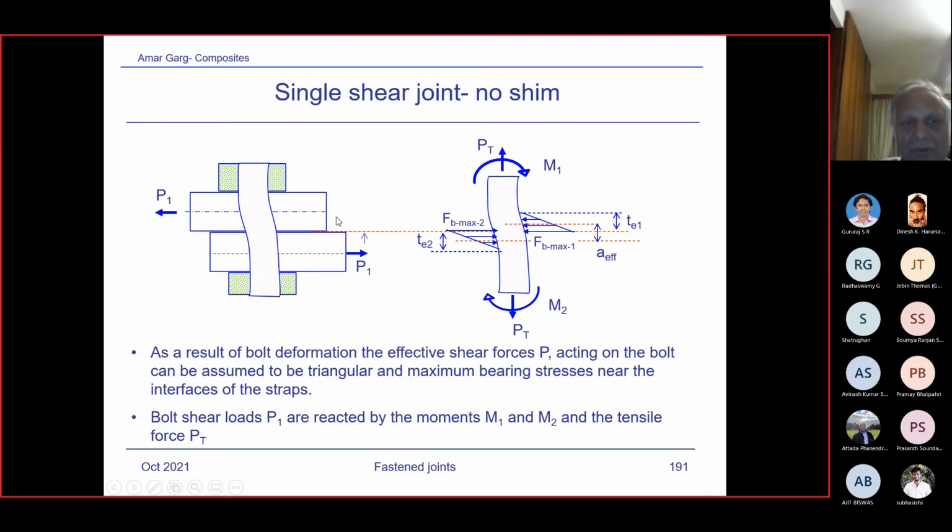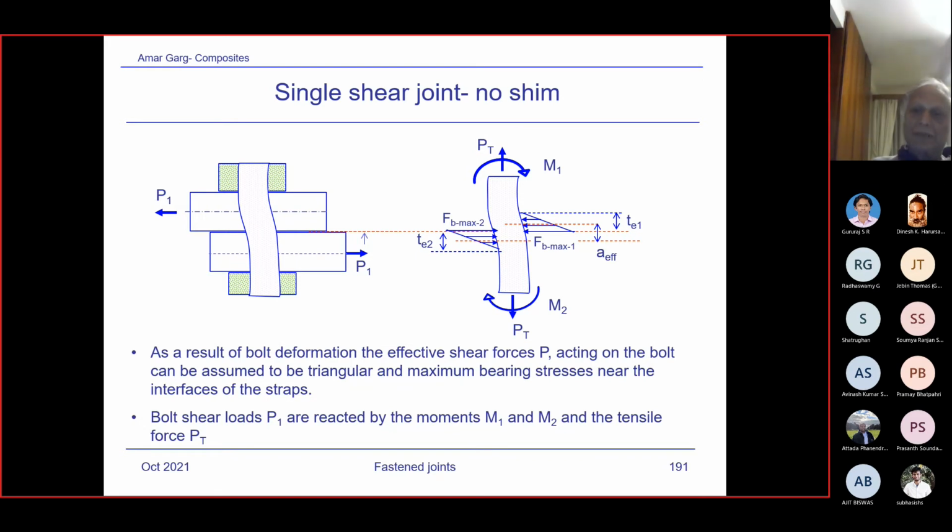You're applying the load assuming a uniform load, but it doesn't happen as a uniform load. The high stresses occur at the interface between this laminate and this laminate in this region. And this is the fact we have to account for when we are writing the bolt bending equilibrium.